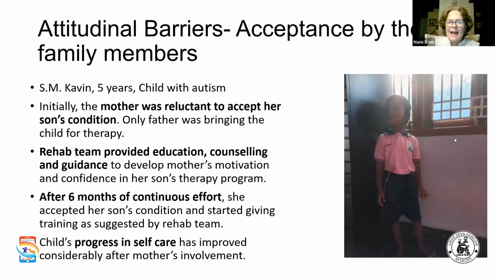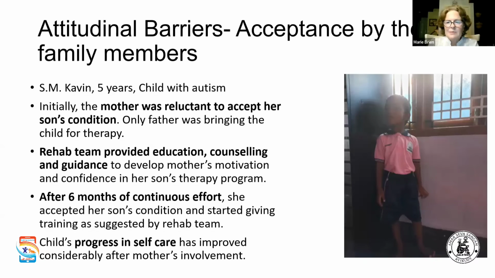Here we have a case of attitudinal barriers where acceptance by family members is the environmental issue. So we have Kevin, who's a 5-year-old boy with autism. Initially the mother was reluctant to accept her son's condition, so it was only the father bringing him over for therapy to the early intervention center.